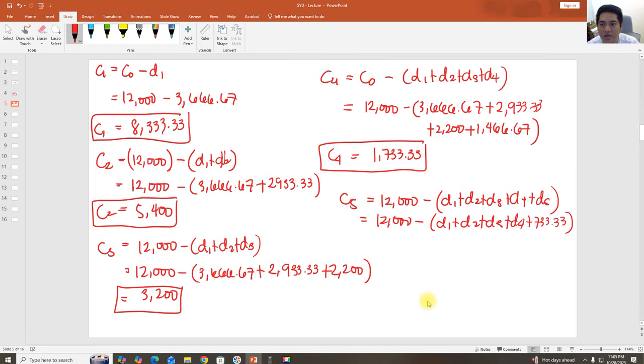And as you can see, if you had 733.33 here, and you minus it here, that C sub 5 becomes 1K. And that is how we arrive at the salvage value because we are expecting that after 5 years, the book value will be the same as the salvage value, which is 1,000.